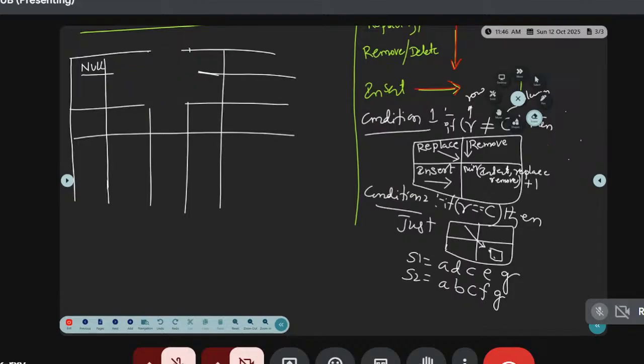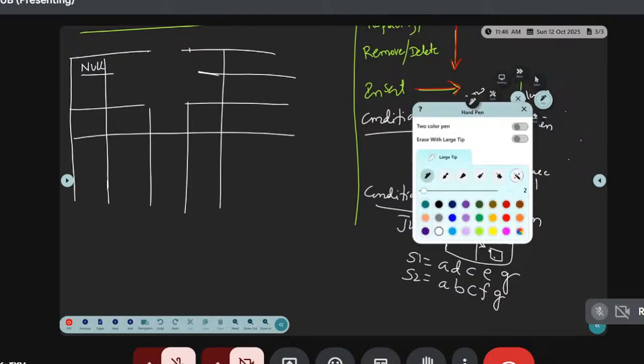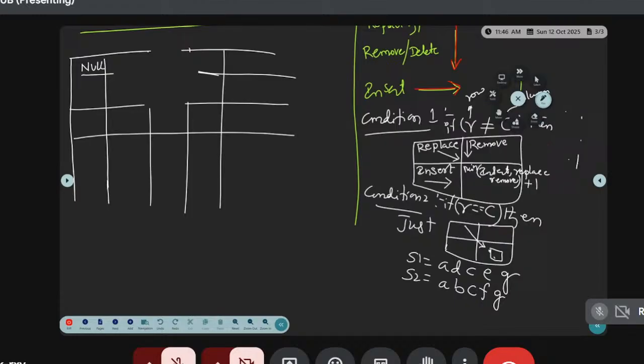Note down this table, but the cells should be very large. Keep the cell size a little broad.